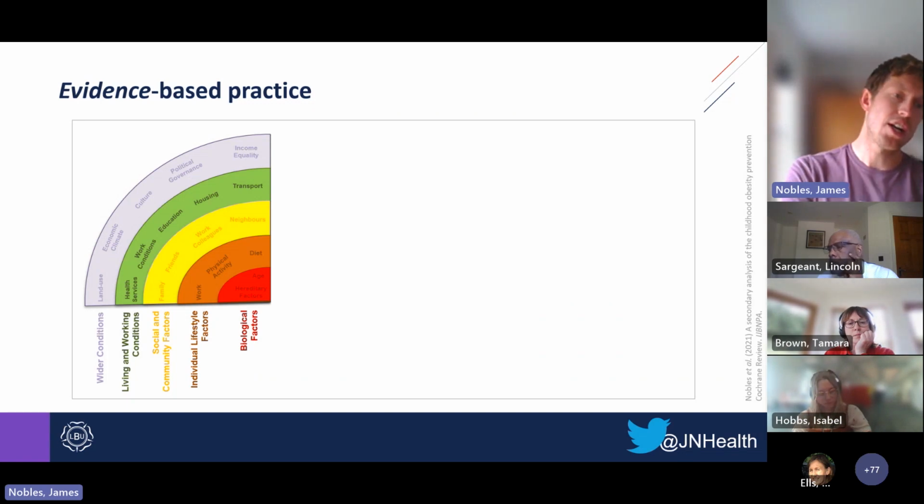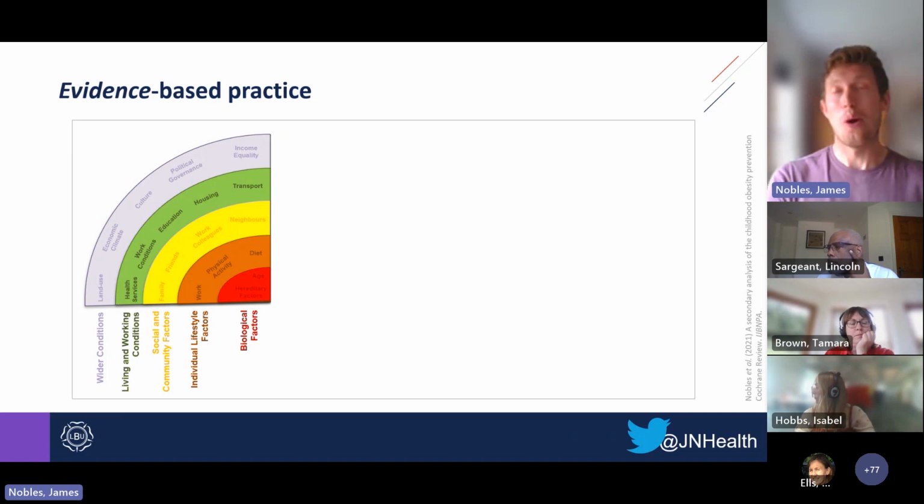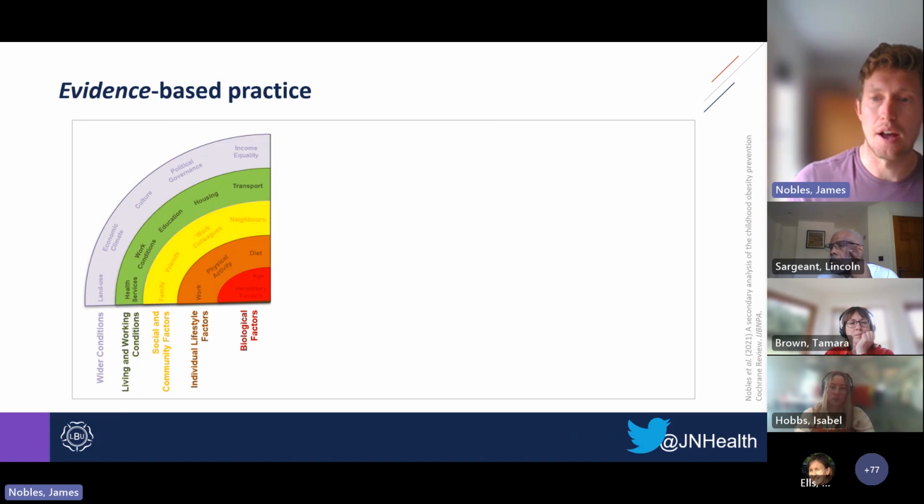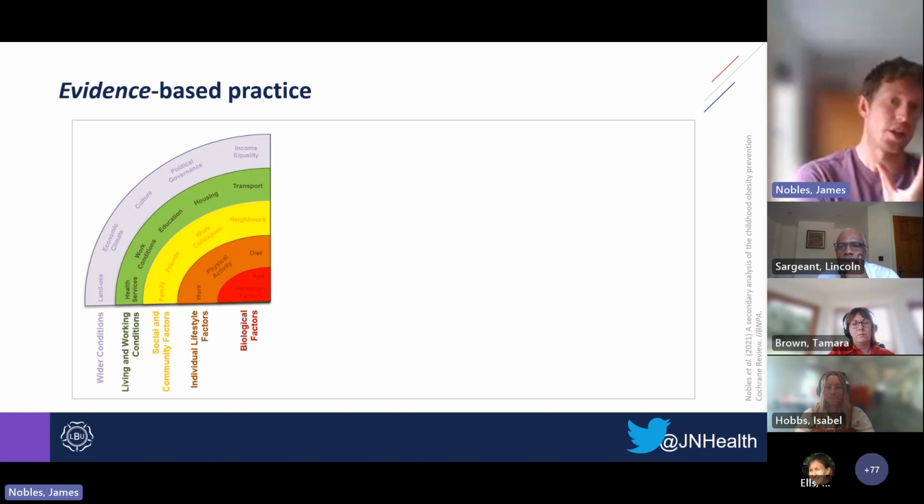And then in the green and the purple bands, we've got the living and working conditions and the wider conditions. So the places that we work, play, and age within, and the factors that are part of that. So a few years ago, what we did is we categorized over 200 contributing factors which are driving the population levels of obesity.